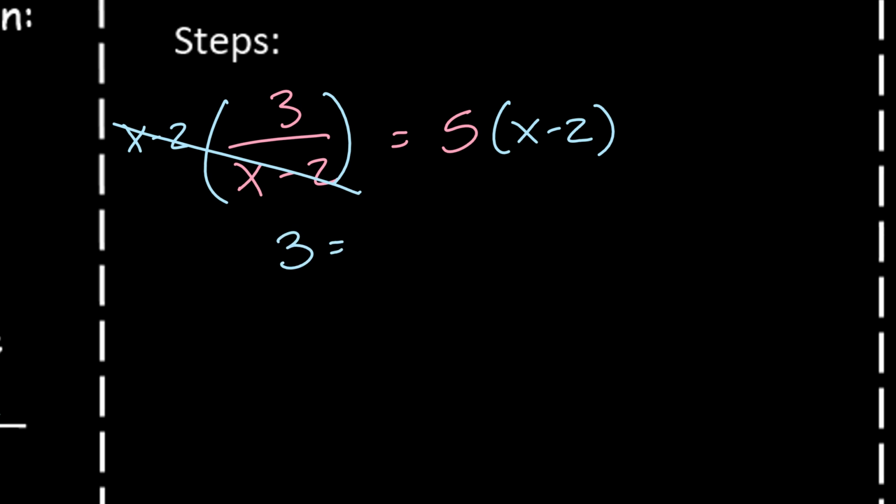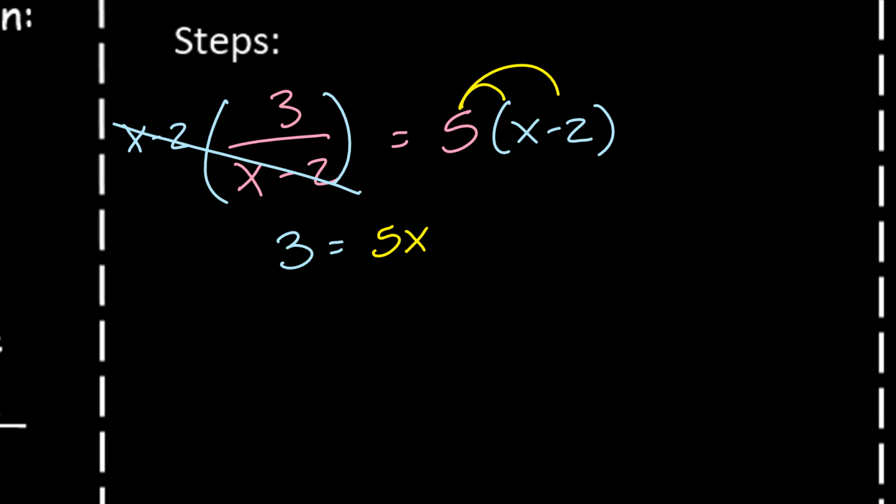Now, do you think I want to leave this in factored form like that, or do you think I want it back in standard form? Right, we're trying to actually solve for x now. So I need to distribute the 5. Now I did see this on some quizzes. Even though we talked about distributing, still people are confused by this concept.